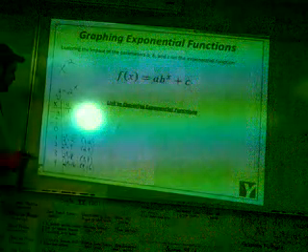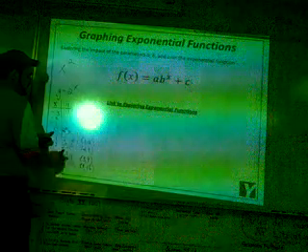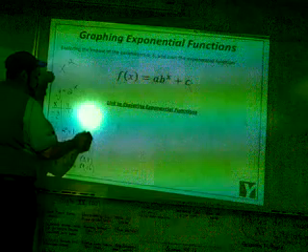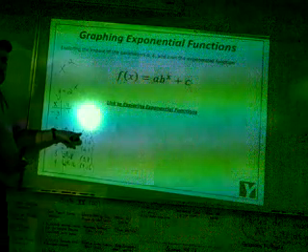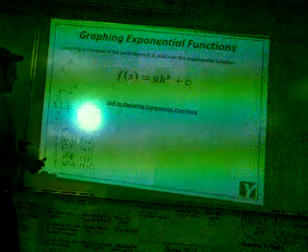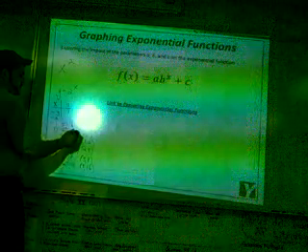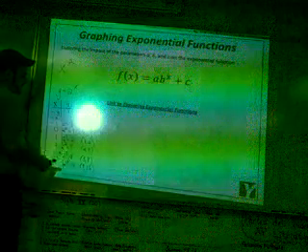Now what about in the reverse? Let's plug in 0. 2 to the 0 power, well, anything raised to the power of 0 is 1. So now I have the point 0, 1. That's going to be the y-intercept for this graph. How about negative numbers? Well, 2 to the -1 is the same thing as 1 over 2 to the positive 1 power. That's a half.